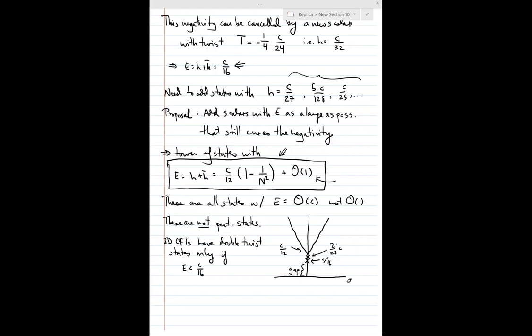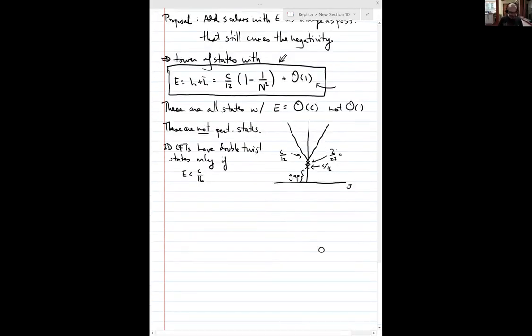Good. Okay. But let me try and motivate these from a slightly more physical point of view. In particular, as other people have noted, these are states that are below the black hole threshold. So you should think of them as particles and not black holes. And it turns out that in 3-dimensional gravity, a particle will back react on the metric of the geometry, just like in higher dimensions.